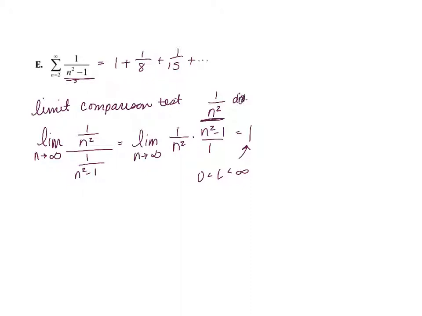Oh, and I wrote diverge. Sorry, crackhead moment. This will converge. Sorry. So with our limit comparison test, we see that 1 over n squared converges. Our limit comparison got a nice positive finite value. So with this, we're going to say this series converges by limit comparison test.